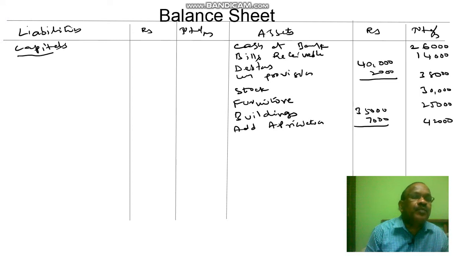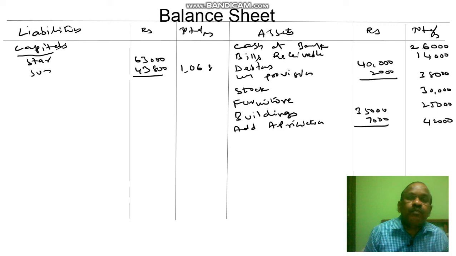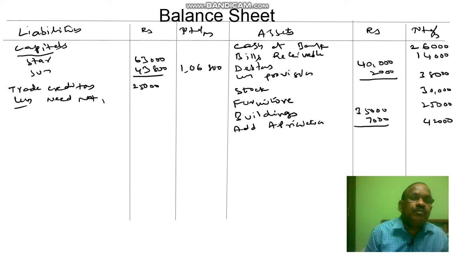Next, Star, Sun. Star is 63,000. Sun is 43,800. So it is 1,06,800. Next is trade creditors. Trade creditors here is 25,000 less need not be paid 1,000. So this is 24,000.